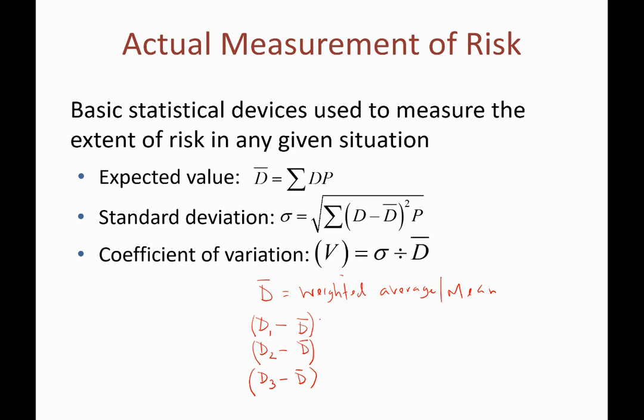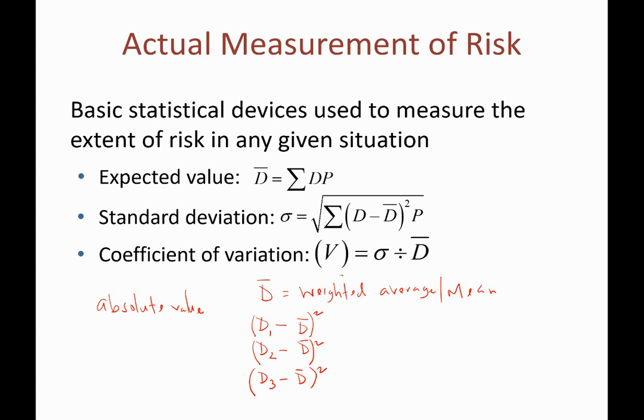This is what we refer to as the deviation. But what we end up doing is we square the deviation. Remember from your math class, we square the deviation so that we get the absolute value, so that in case you had a negative value here, that value becomes positive by squaring.